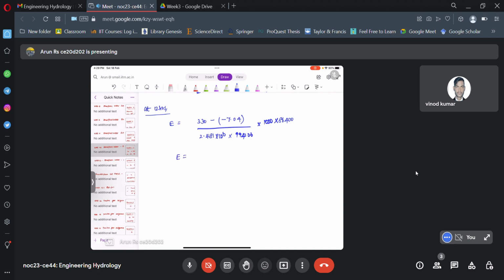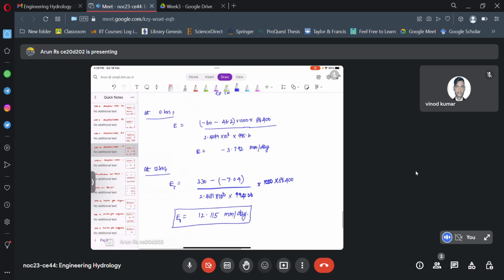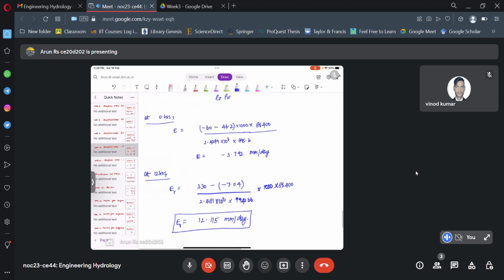So we will get 12.115 mm per day. So this is your evaporation rate by the energy balance method, without considering the ground heat flux and considering the sensible heat flux.